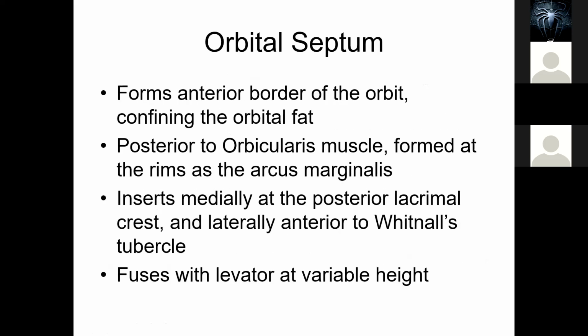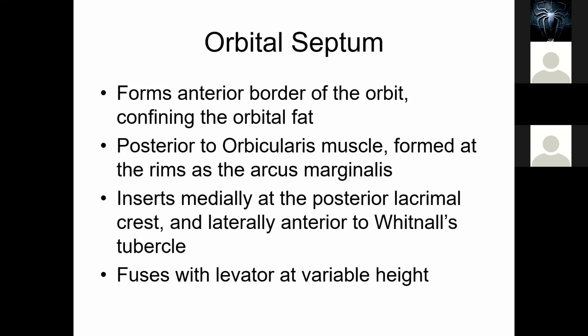We can skip that. So the orbital septum, earlier on I mentioned, sort of separates the anterior lamella from the posterior lamella. It forms the anterior border of the orbit and helps to confine the fat inside.